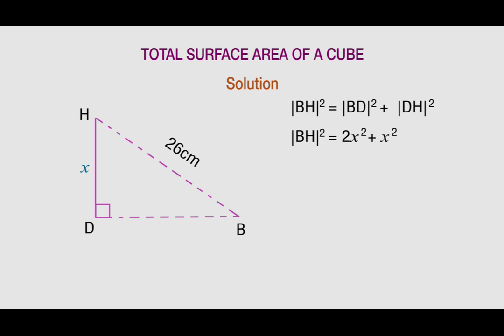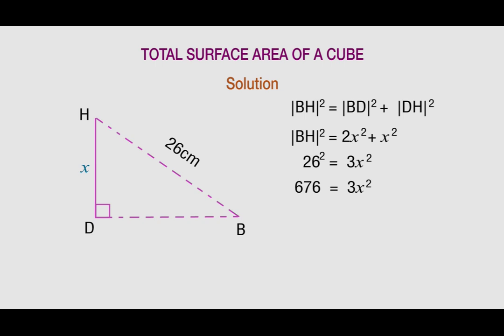We have been given BH to be 26. So if you substitute, then you are going to have 26 squared equals 3x squared. Now 26 squared from our calculator will give us 676. And that is equal to 3x squared.